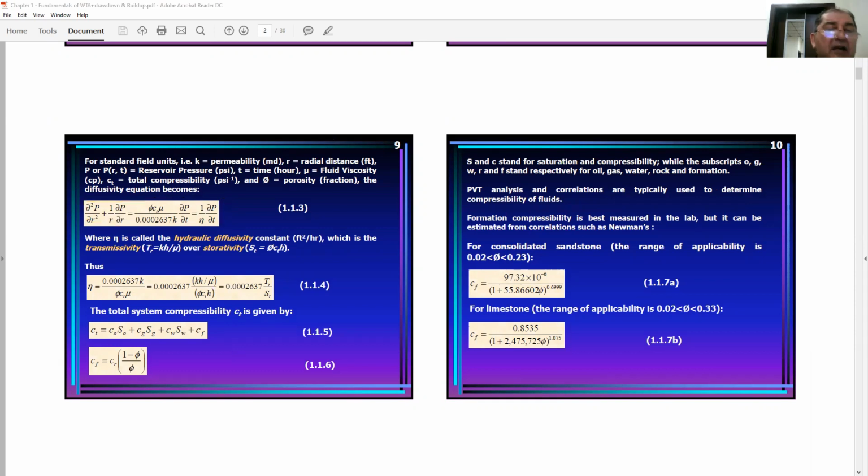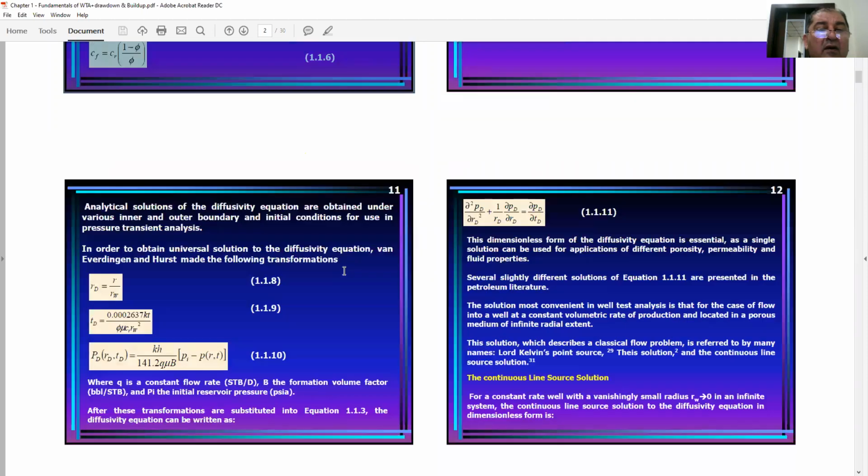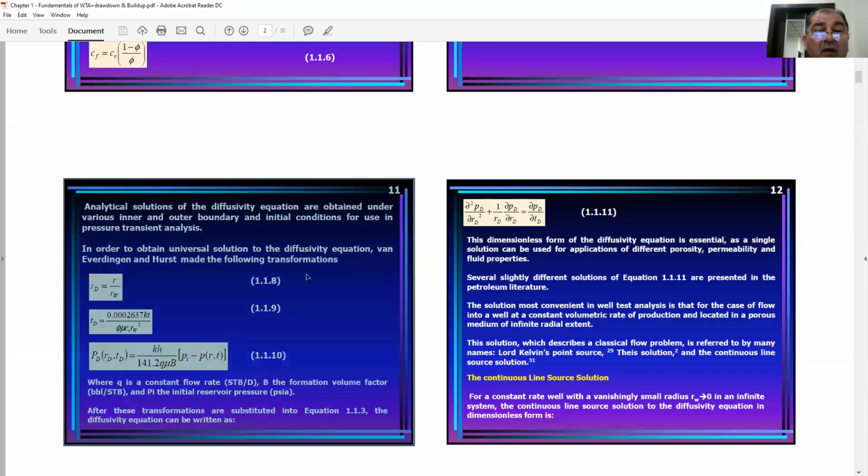Let me cut this one and bring it with us so it would be better. Let me remove this one and put it down so you could see it. Okay, it does not come.